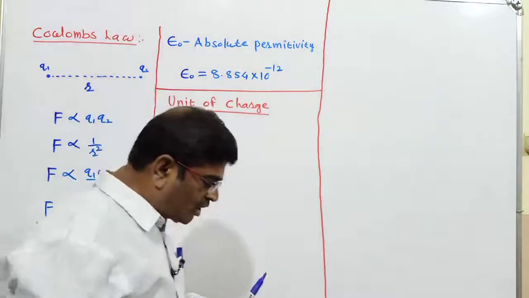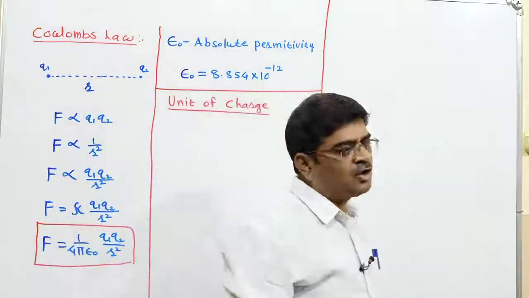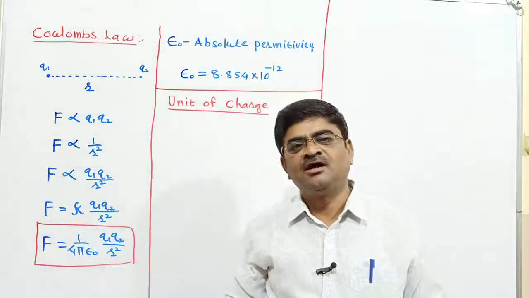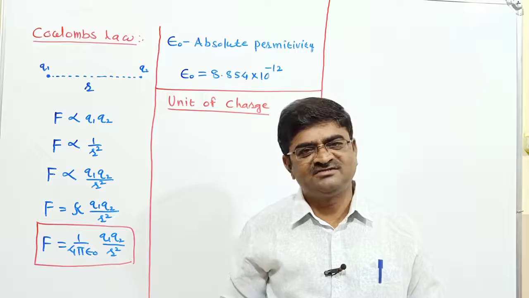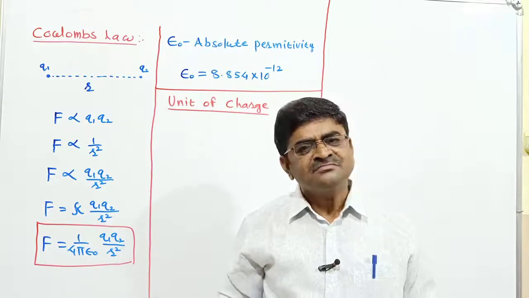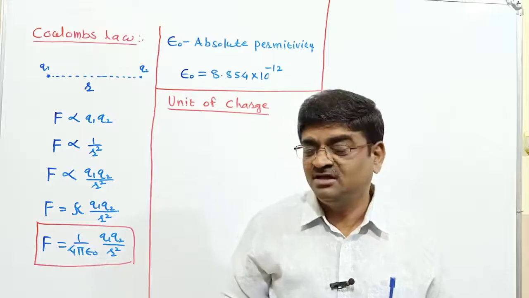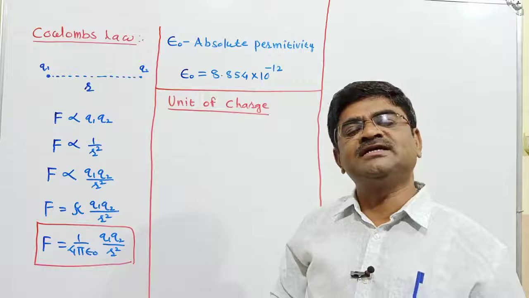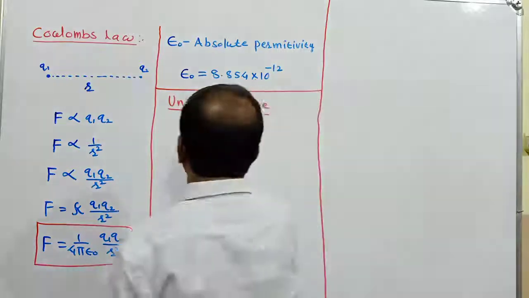Generally, when talking about the unit of any physical quantity, we do mention two types of units. One, SI unit, and another, obviously, CGS unit. So first, let me talk about the SI unit of electric charge.